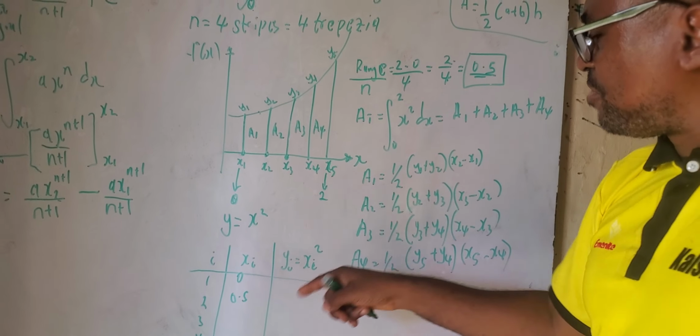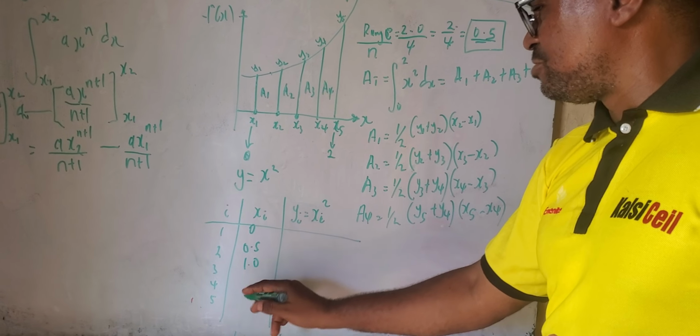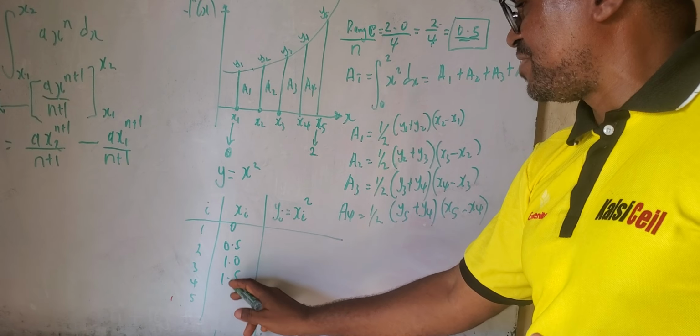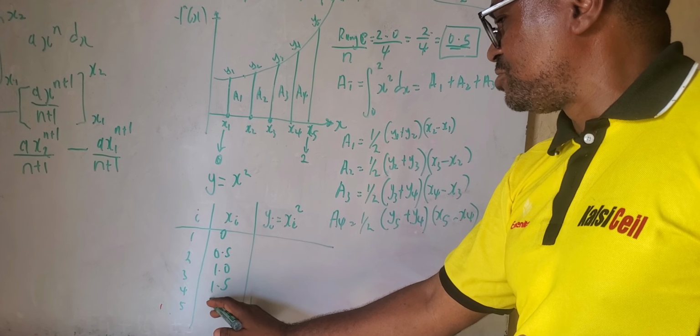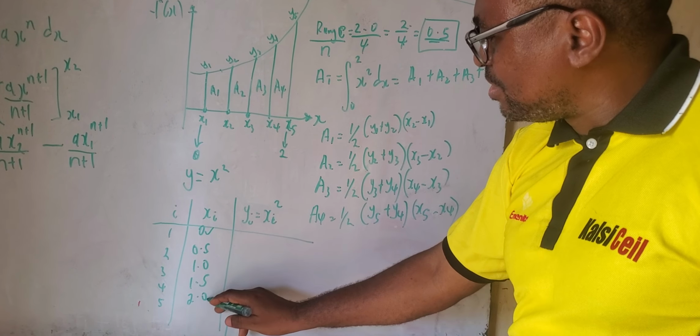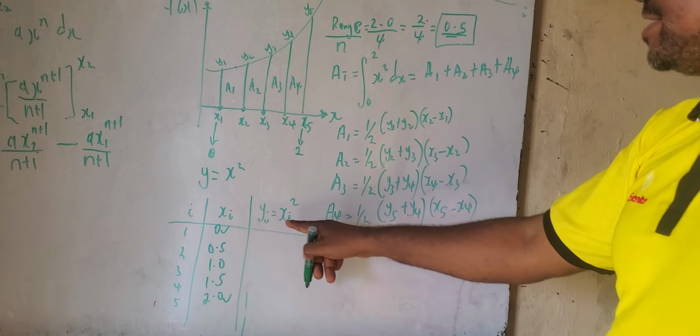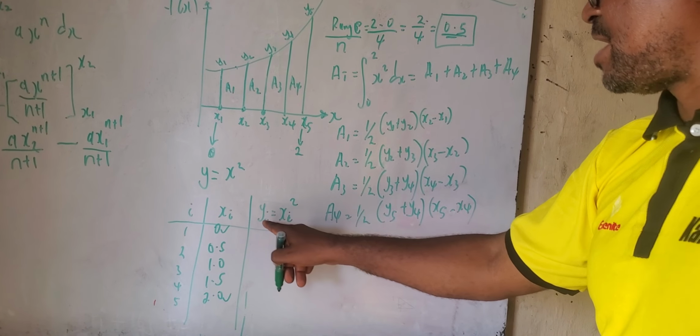Then we add 0.5 again, that will be 1.0. Then 0.5 again, I have 1.5. Then 0.5, that's going to be 2.0. You can see that we have covered from the lower limit to the upper limit, which is what I have here, 0 to 2.